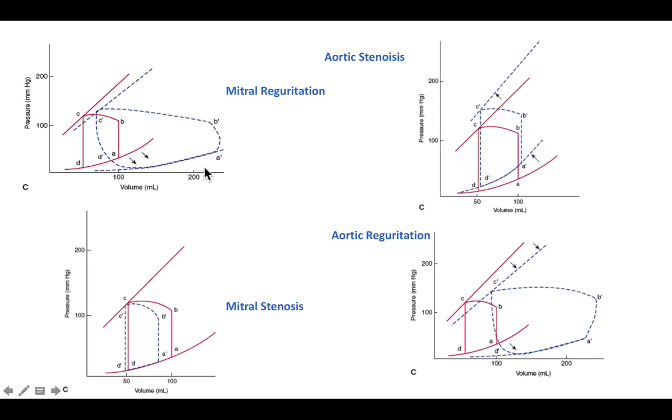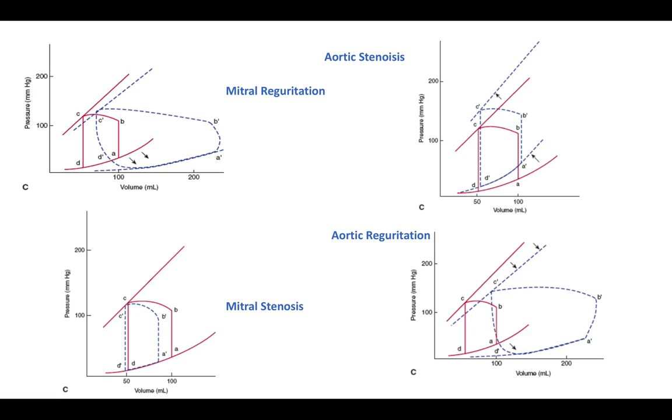So the way to differentiate between these two, there are actually two things that I would look at. The first one is this isovolumetric contraction component. So ordinarily A to B, isovolumetric contraction, because your pressure is going up, your volume is not changing because both valves are closed. Well, in this case, both valves are closed with mitral regurgitation, but one of them is still allowing blood through.